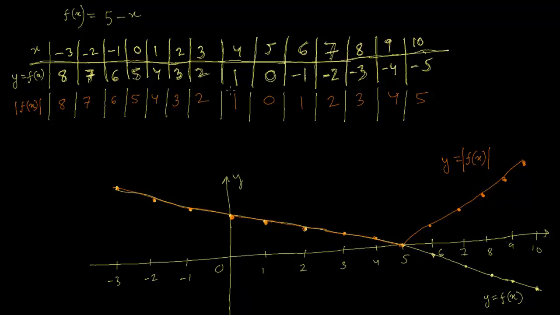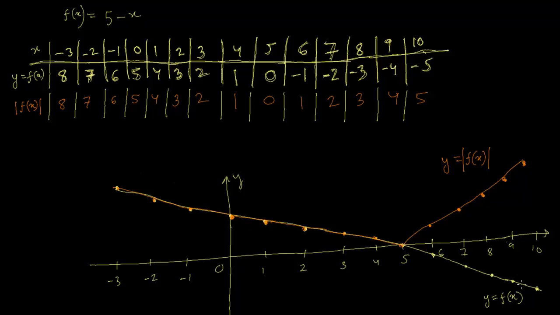All the values of y that are positive, once you do absolute value, nothing will be changed, because the absolute value of a positive number is also the same positive number. Only the negative numbers are affected. For that reason this part would be the same because it is positive, and only the ones that are negative would be reflected.